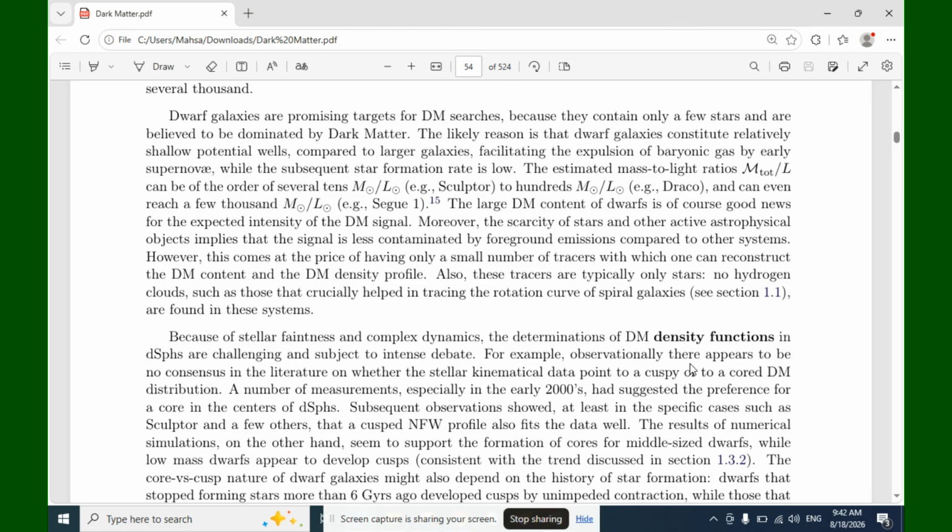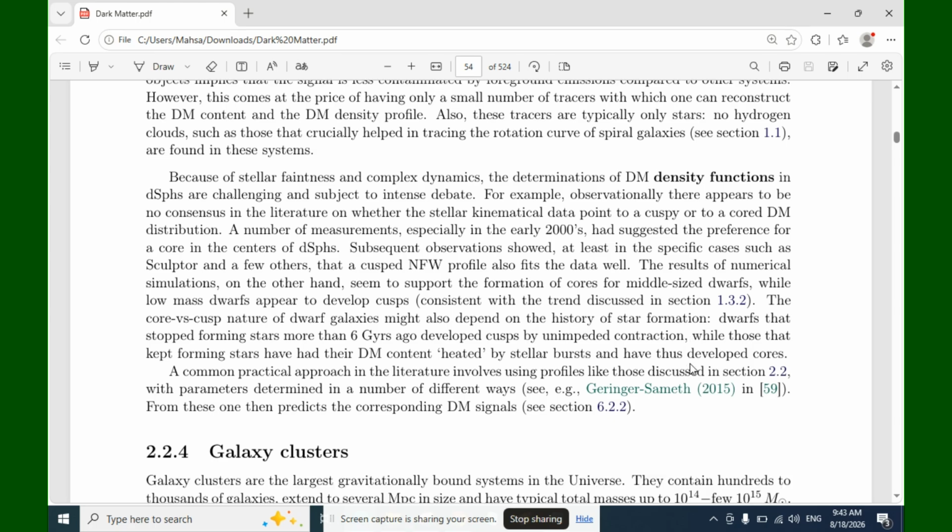Also, these tracers are typically only stars. No hydrogen clouds, such as those that crucially helped in tracing the rotation curve of spiral galaxies in section 1.1, are found in these systems because of the stellar phase and complex dynamics.